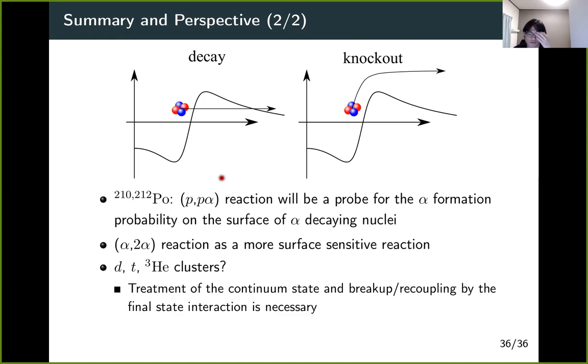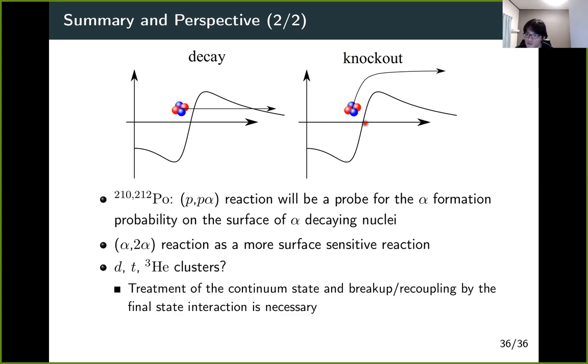And the time scale is completely different. The decay half-life, the shortest one is 10 to the minus 15 seconds, for example, but the knockout reaction is a typical direct reaction, only 10 to the minus 22 seconds. So it's about 7 orders of magnitude difference. So the knockout reaction will be completely free from the penetration part, and we can directly look at the alpha formation part.